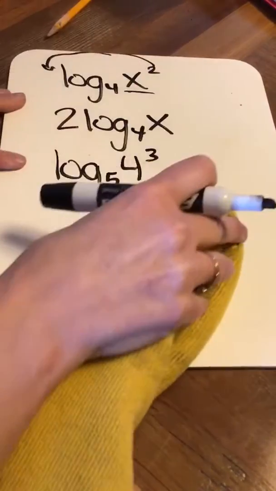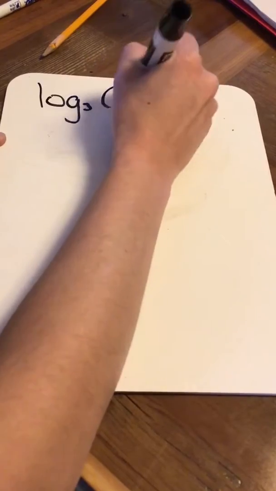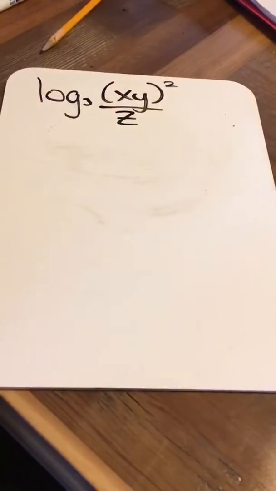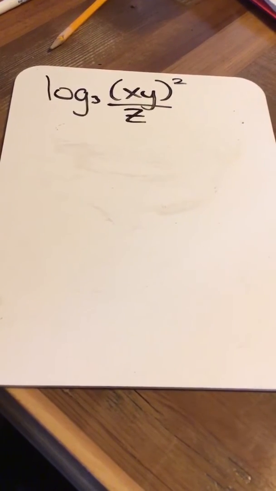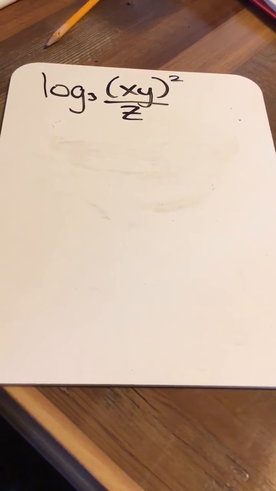Okay, now we're going to kind of try and put this all together. So we're going to take all of our properties here and use them. So if I have this problem right here, and I asked you to expand this problem using the rules of logarithms, okay?